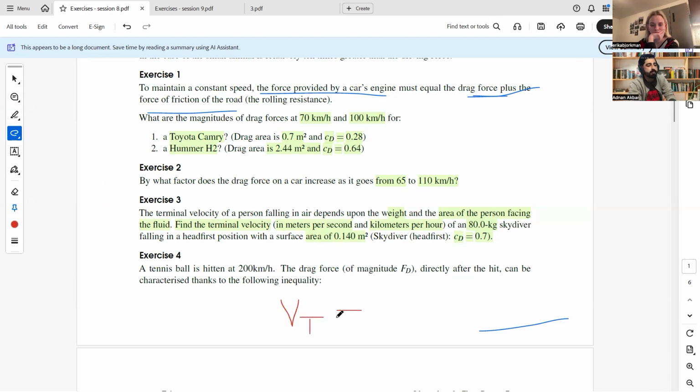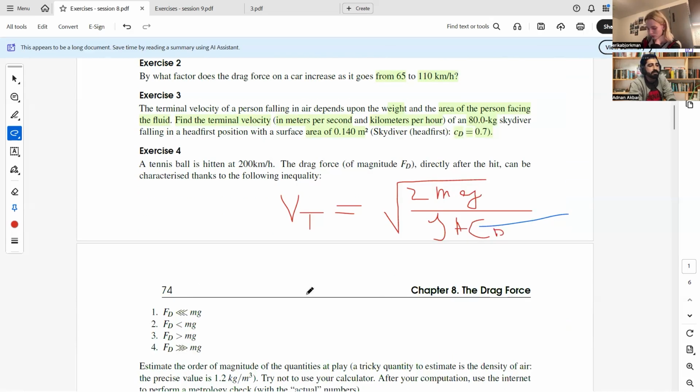Its formula is Vt equal to the square root of 2mg divided by rho A CD. Here A is the area, rho is the density of the air, and CD is the drag force constant.